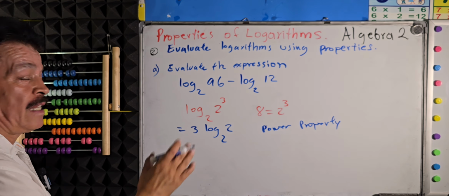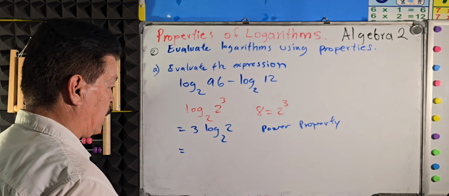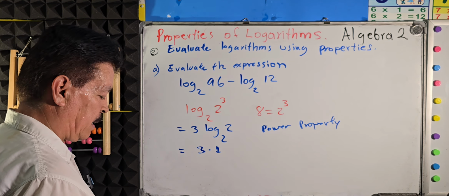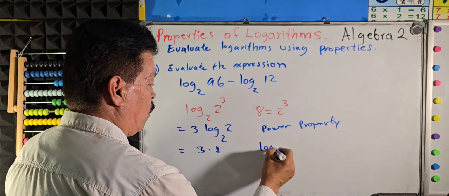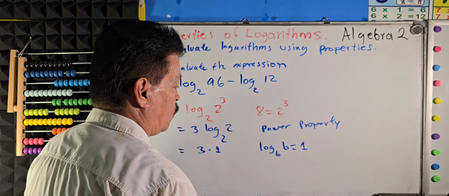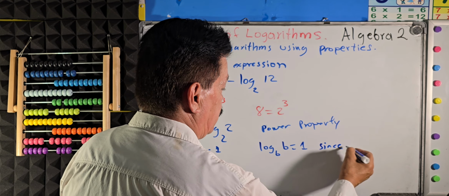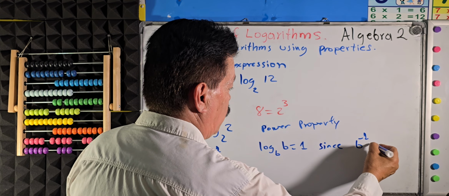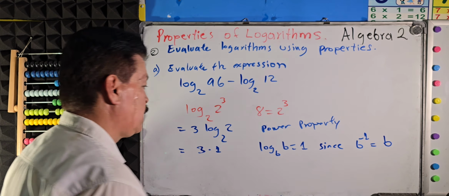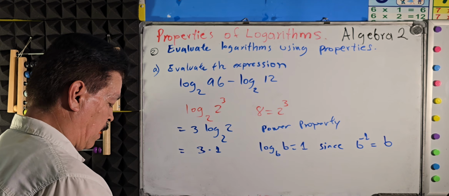This is the second part. The first part we did, this is the second part. Now we have here 3 times 1. Why? Because log with the base b of b is equal to 1. So this is the rule, since b to the first power is equal to b.